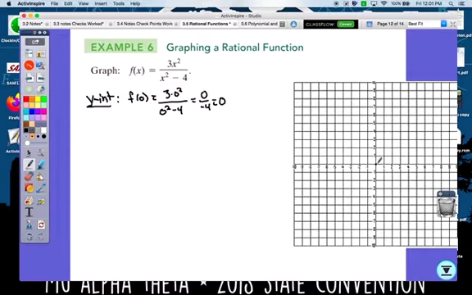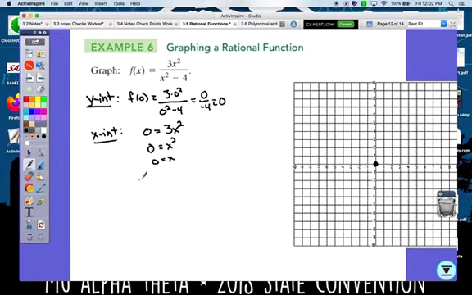So now it crosses right here at 0. For the x-intercept, we set the top equal to 0. If you divide the 3 out, you get 0 is equal to x squared, and so you end up getting that same 0. That's the only place where it crosses.